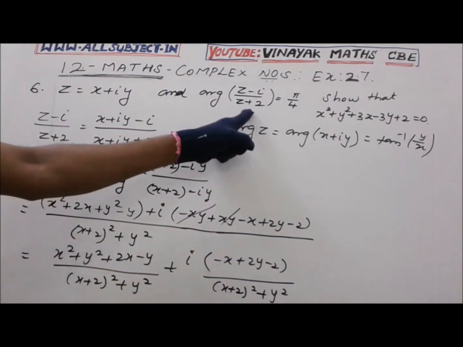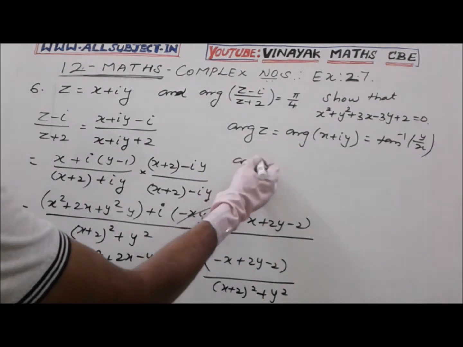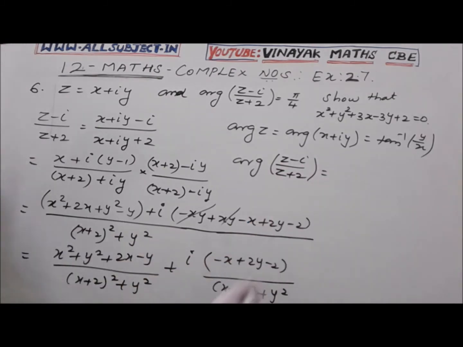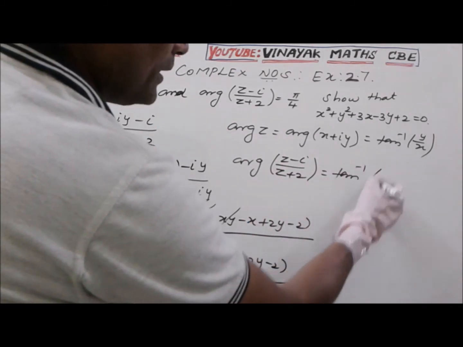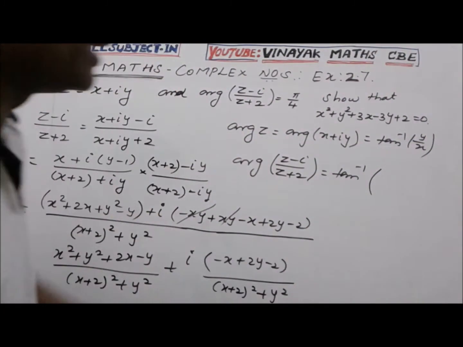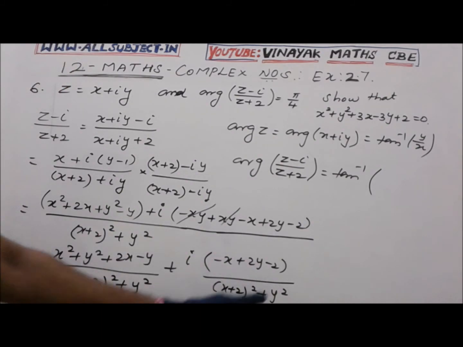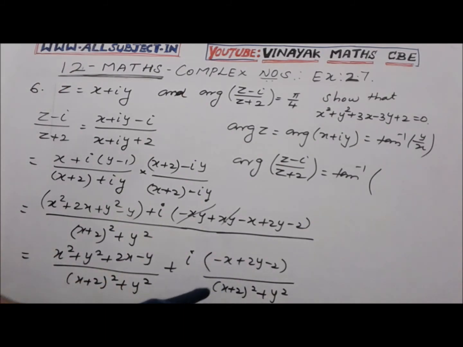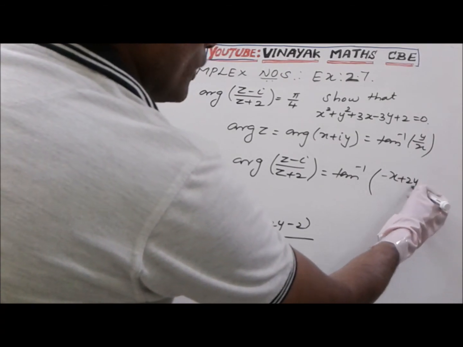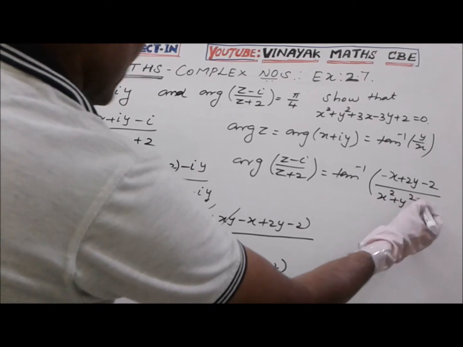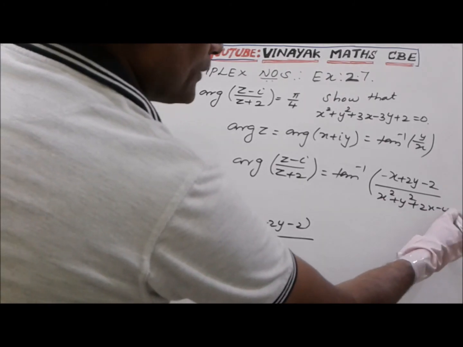So the argument of (z minus i) by (z plus 2) will be equal to tan inverse of y divided by x, where y means imaginary and x means real. When we divide imaginary by real, the denominator gets cancelled. The remaining is minus x plus 2y minus 2 divided by x square plus y square plus 2x minus y.